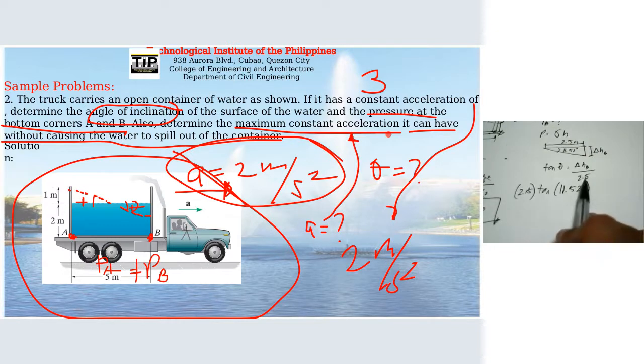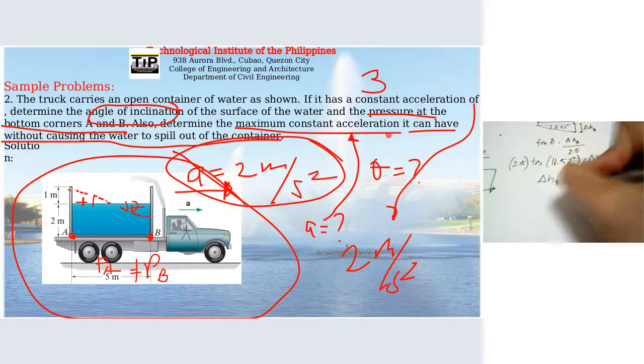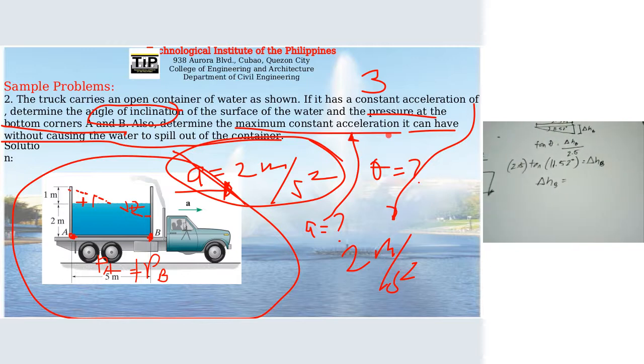This is multiplied by 2.5. So this is your delta H sub B. So what is delta H sub B?